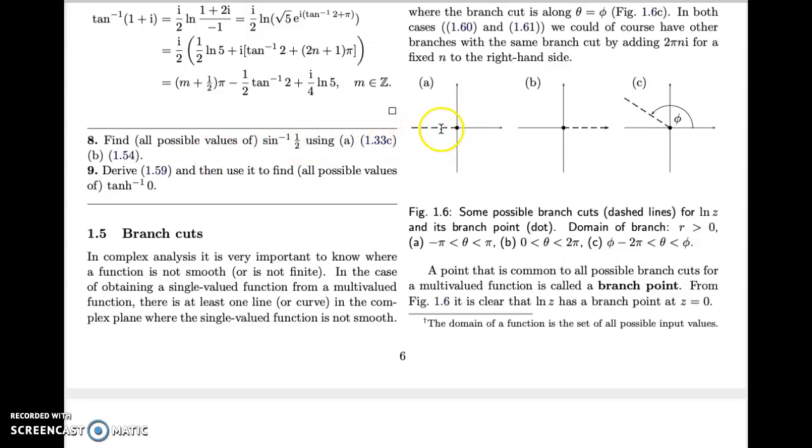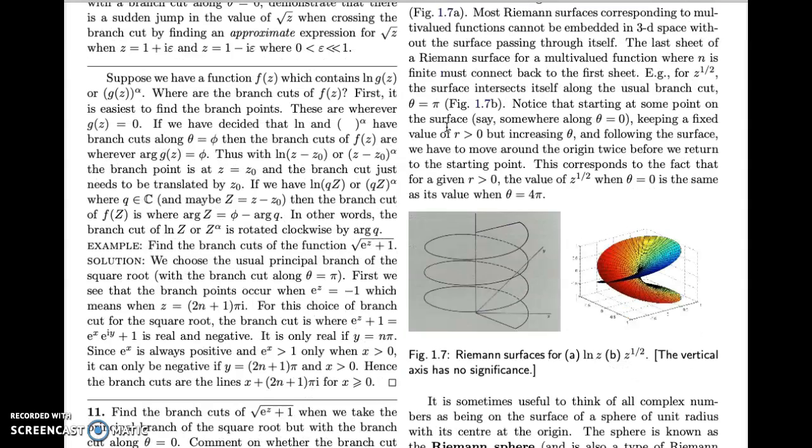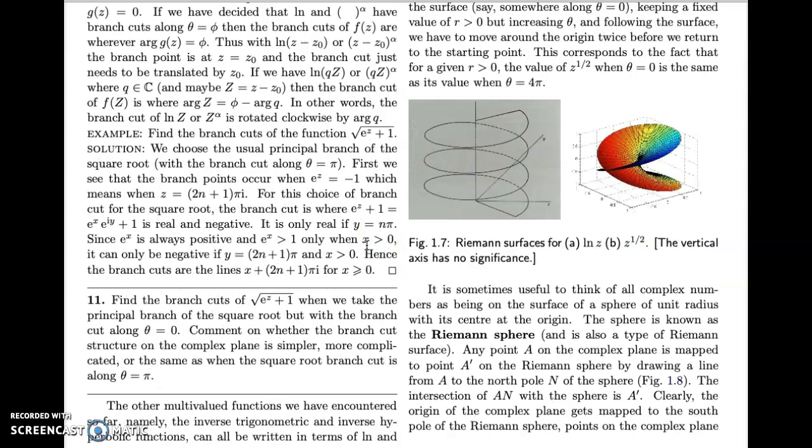We're going to have problems whenever the thing inside the square root is negative and real. That's where the discontinuity is going to occur. So looking back, we ask: for what values of z do we get negative real numbers inside the square root?